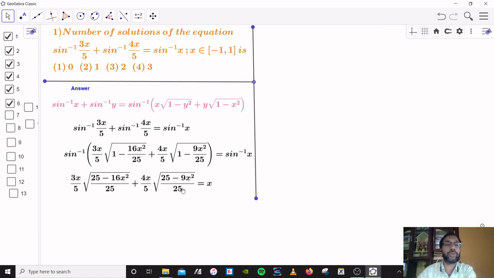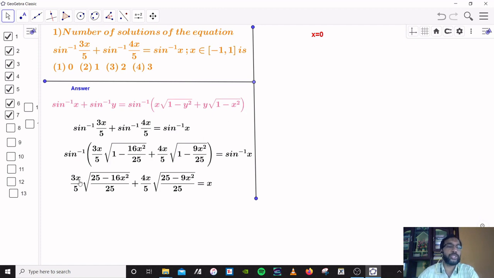Now we can solve this equation to get the value of x. One of the values of x satisfying this equation is x is equal to 0. Put x equal to 0, LHS and RHS become 0. That means one of the solutions of this equation is x is equal to 0.